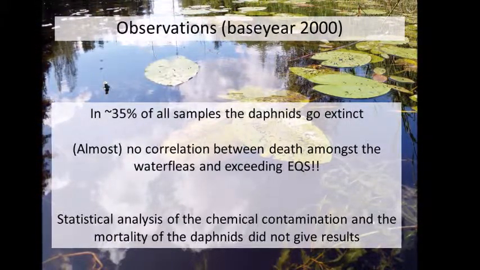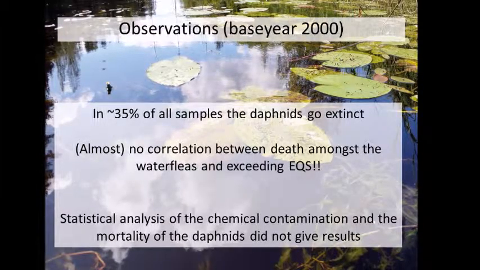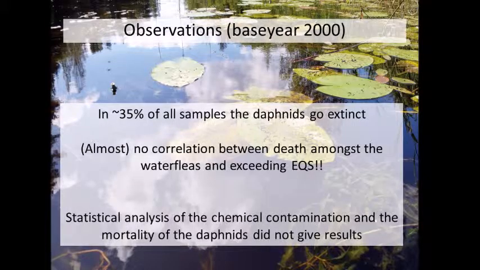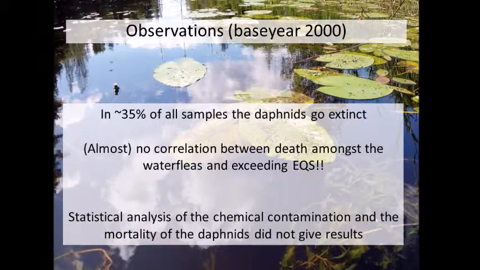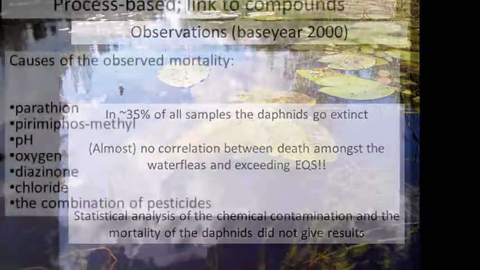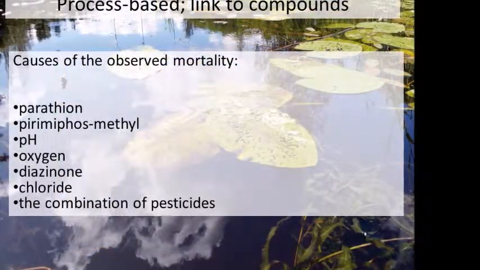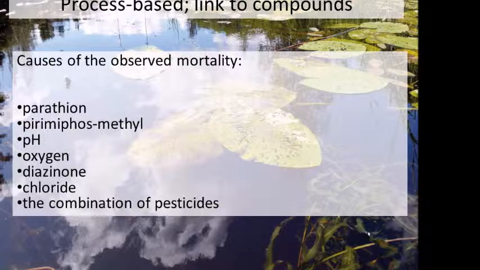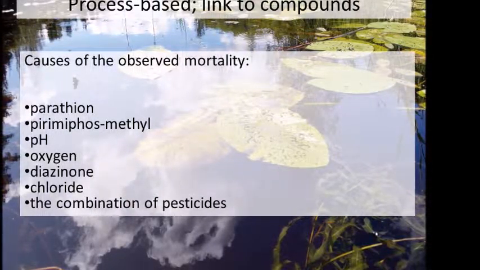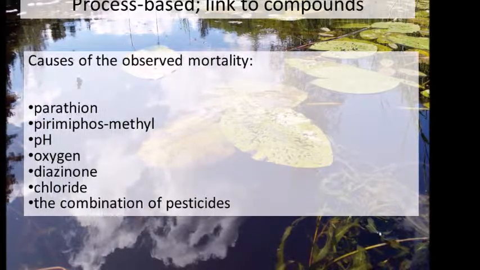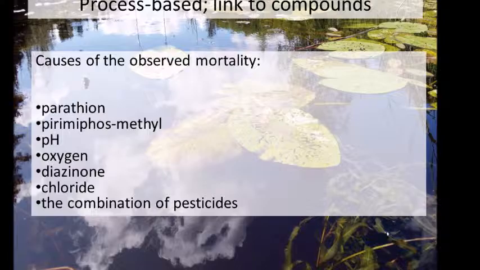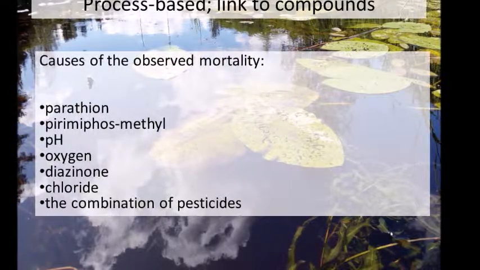This tells you which of the compounds is responsible for the population of daphnids going extinct or not. Typically it's single compounds, and in one case it was the combination of pesticides that really made sure the daphnids would go extinct. So it's not one of the pesticides, but all of the pesticides combined exceeding the threshold level.